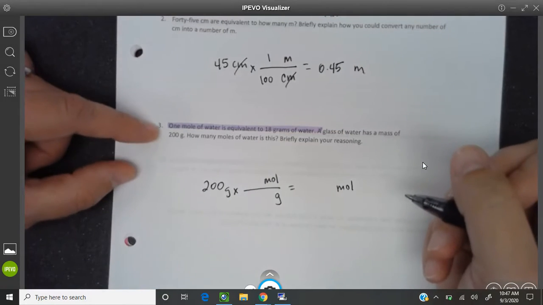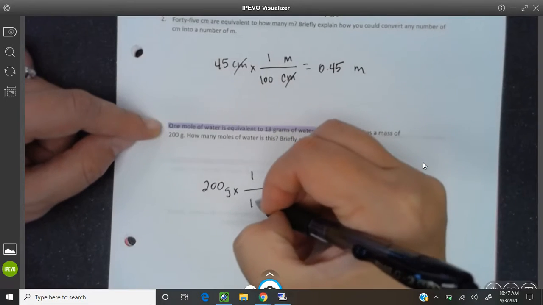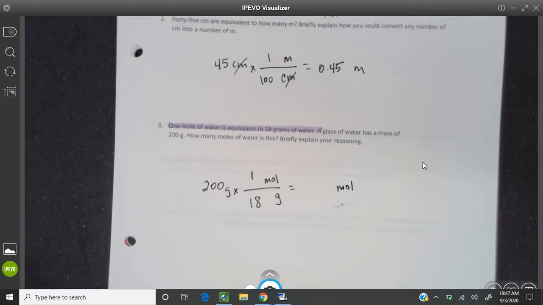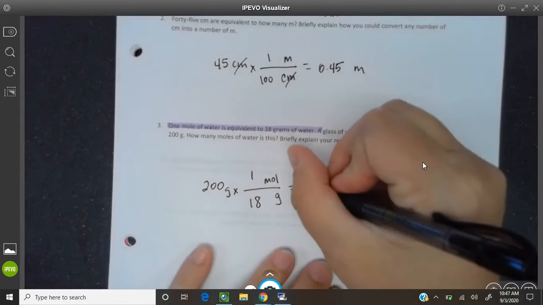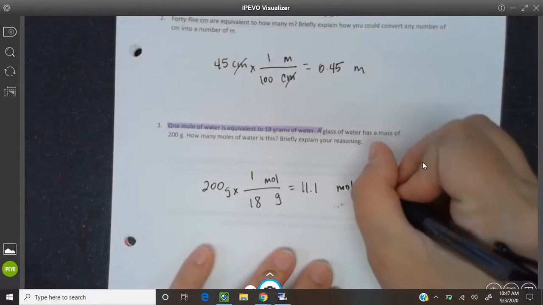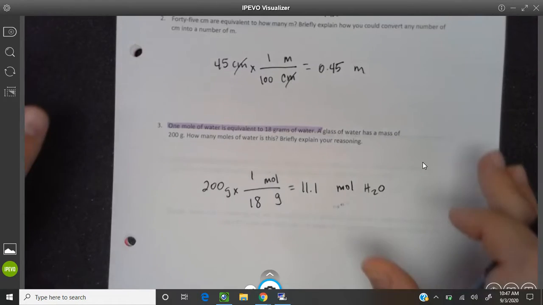So here, we're told that every mole of water is 18 grams, so 1 mole divided by 18. I did this one earlier, otherwise I'd just pull out my calculator. I got 11.1 moles of water. Any questions? So far, so good?